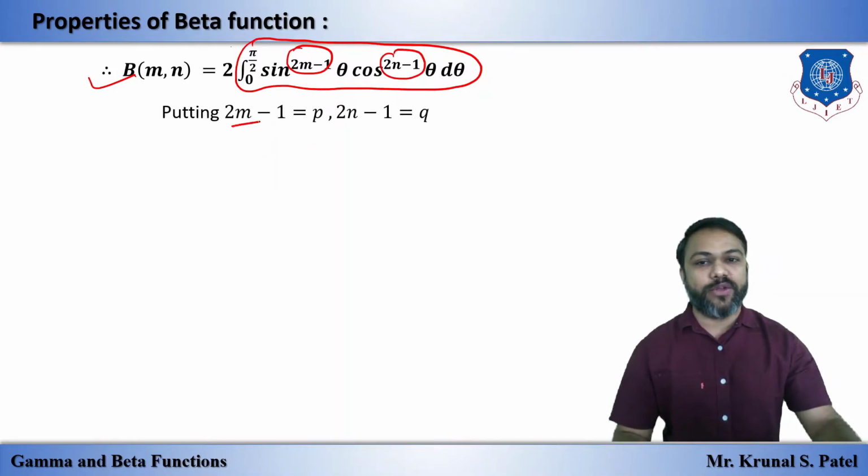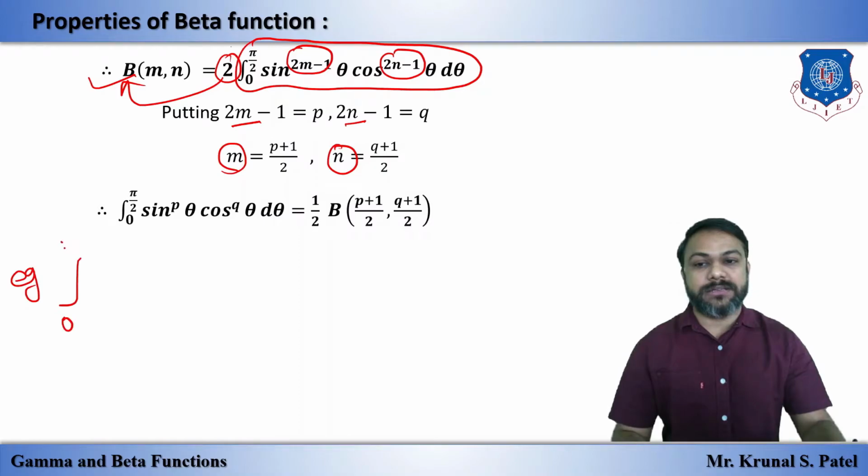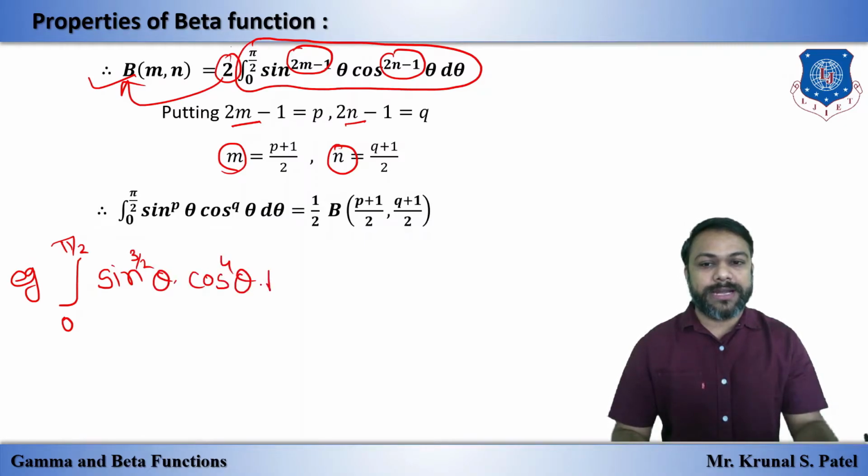Then we will find the values of m and n, and put them here. So we have this 2 into this, and p and q, the 2 goes to the other side, so 1 by 2 of this. For example, if it is asked to evaluate the integral from 0 to pi by 2 of sine raised to 3 by 2 theta into cos raised to 4 theta d theta.